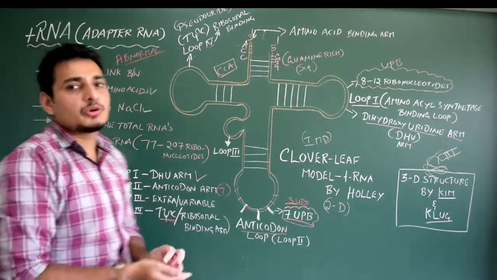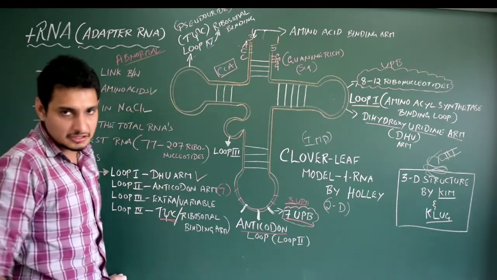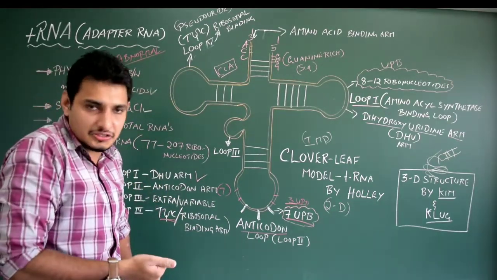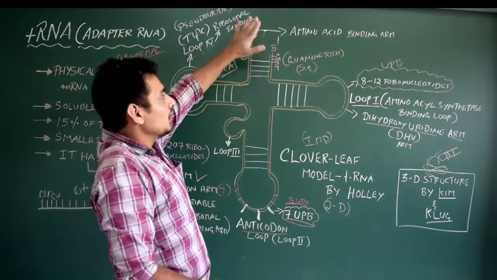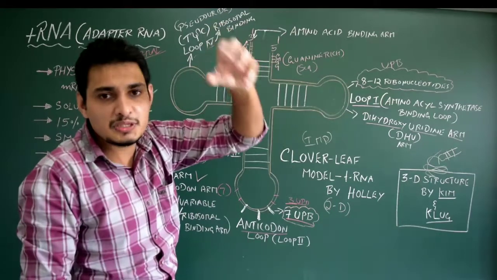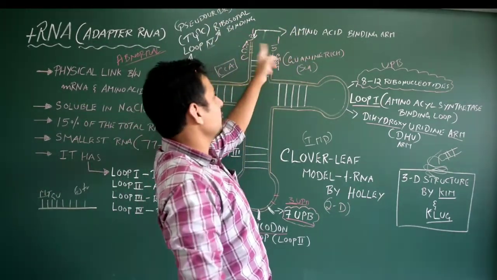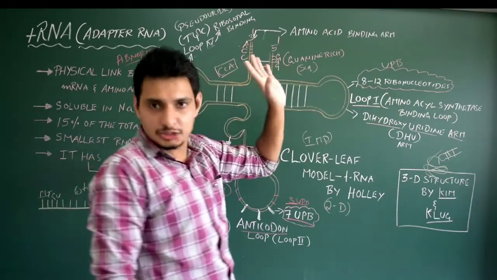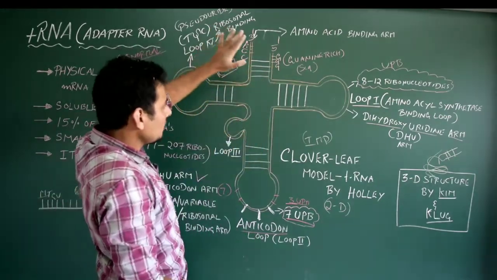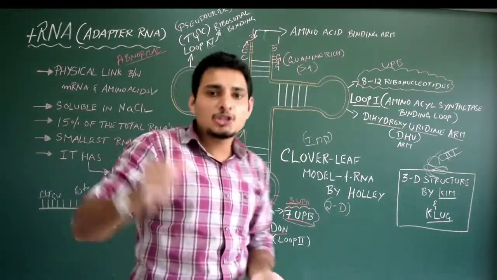Now let us talk about the function of it. As I said, it is abnormal. Pseudouridine is a different type of base. Now, as I said, CCA is the specific sequence for binding a specific amino acid. So to the 3' end, the amino acid will bind, whereas the 5' end is guanine rich. Now, during translation, obviously the tRNA should be very firm.